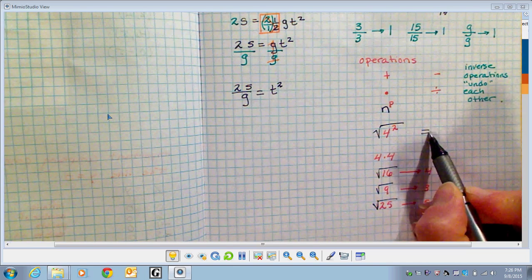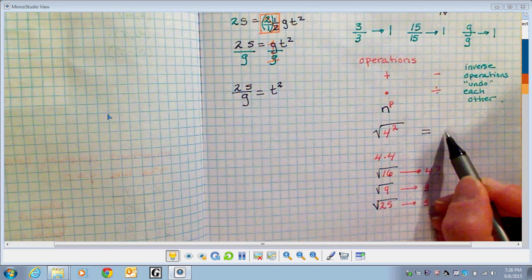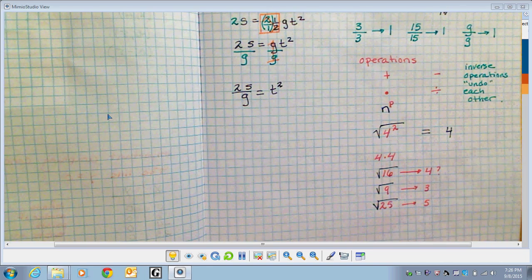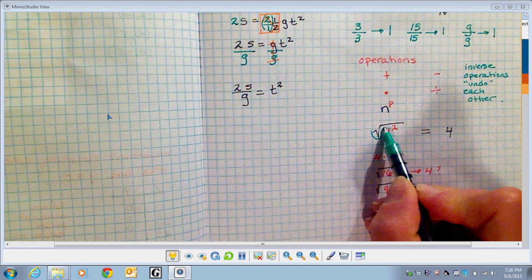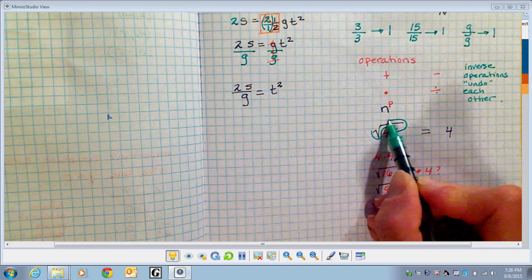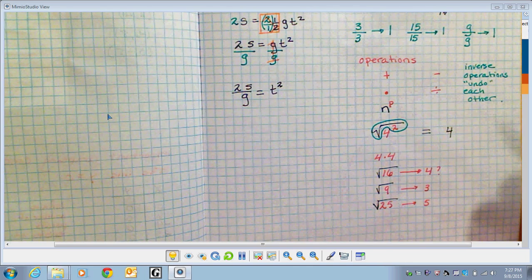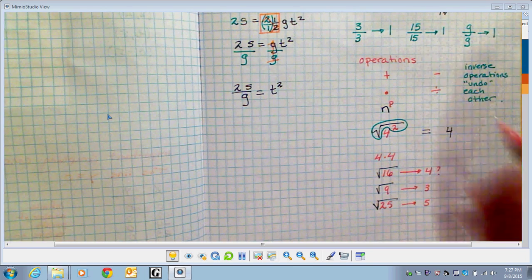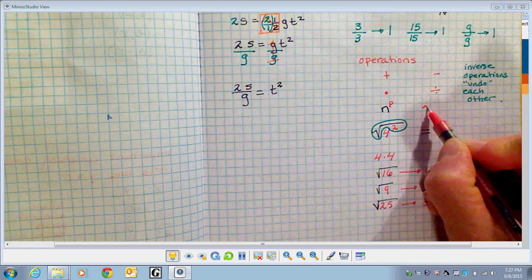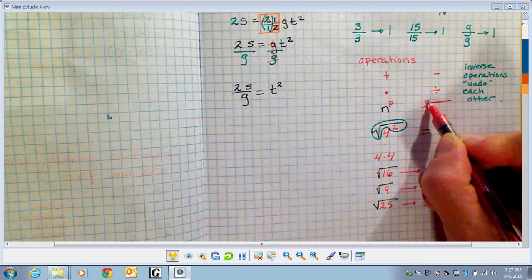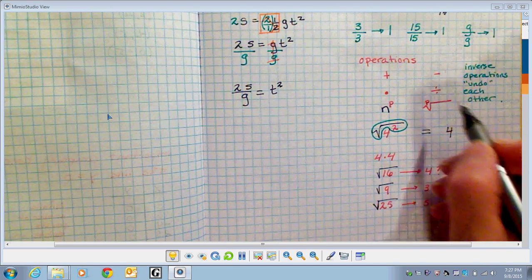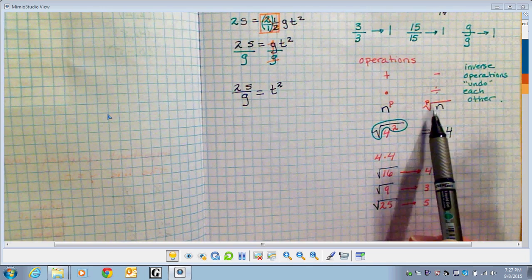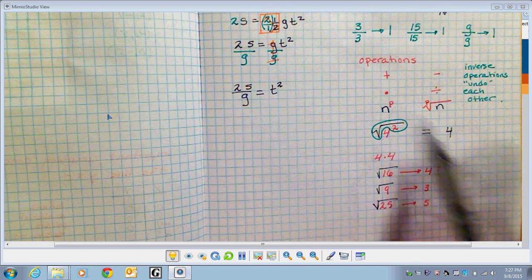Square root of 4 squared is 4. So what I want you to realize is the square root undoes the square. So the inverse operation would be the, in this case, p root of whatever the number is. Okay? So a root undoes a square, as I've shown you right here.